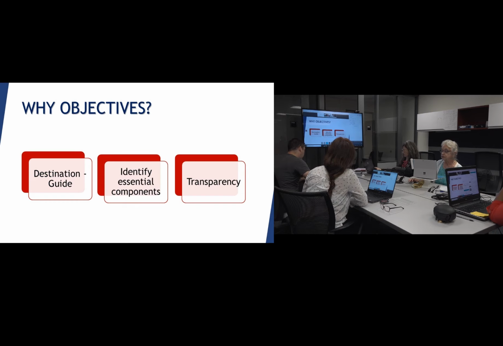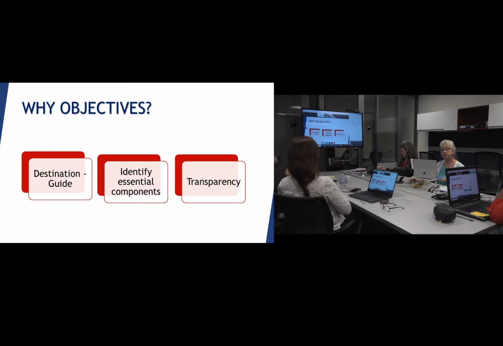So objectives within the course give us the direction that we're going. We've referenced it a couple of times, and I've got some of the tools mentioned here for the guidelines that we use when we're developing our module objectives. They give us a destination.